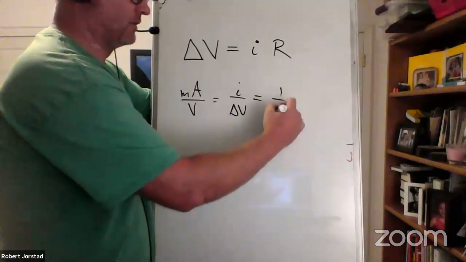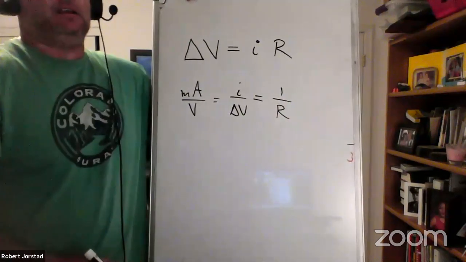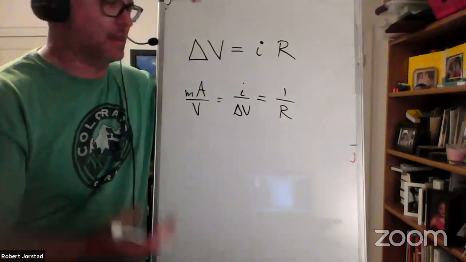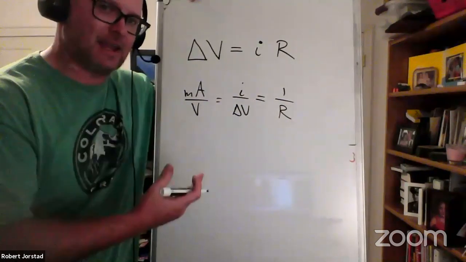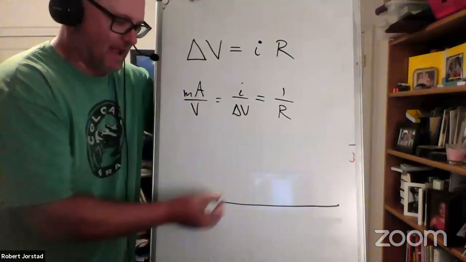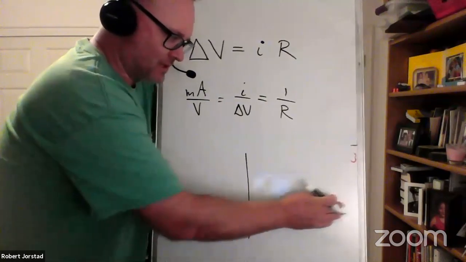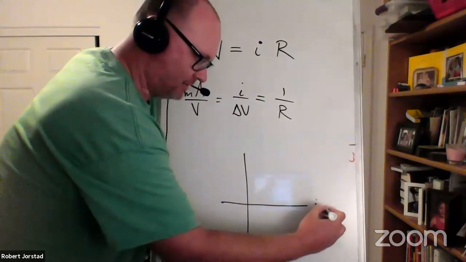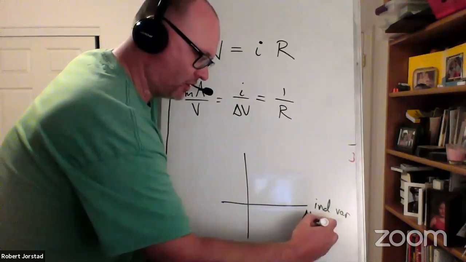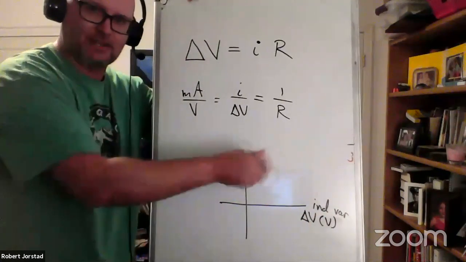That's 1 over resistance, not resistance. For all you electrical engineers out there, this is the standard way. Why? In math class, you probably know on the x-axis we usually put the independent variable, which, the easiest thing to control in most experiments is the voltage of a power supply by turning the knob.